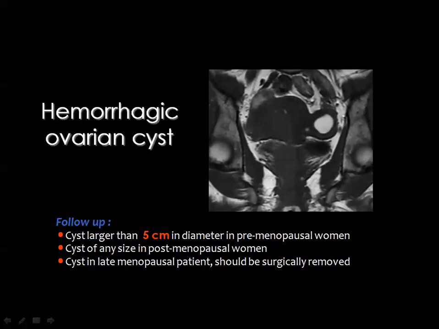Then the hemorrhagic cyst, if it is larger than 5 centimeter in diameter in the premenopausal woman, you should follow this cyst by ultrasound. And the cyst of any size that is hemorrhagic in the post-menopausal woman should be followed up, and a cyst in the late menopausal patient which is hemorrhagic should be surgically removed.